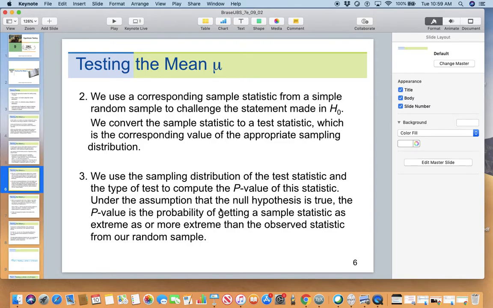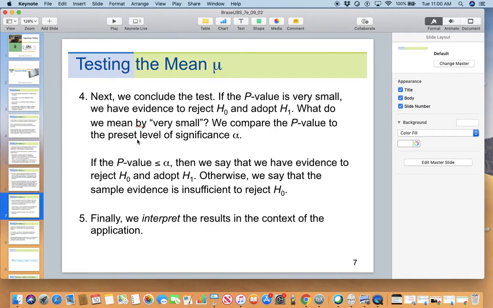Under the assumption that the null hypothesis is true, the p-value is the probability of getting a sample statistic as extreme or more extreme than the observed statistic from our random sample. Okay. So here you are going to compute the p-value. All right. Next, we conclude the test.